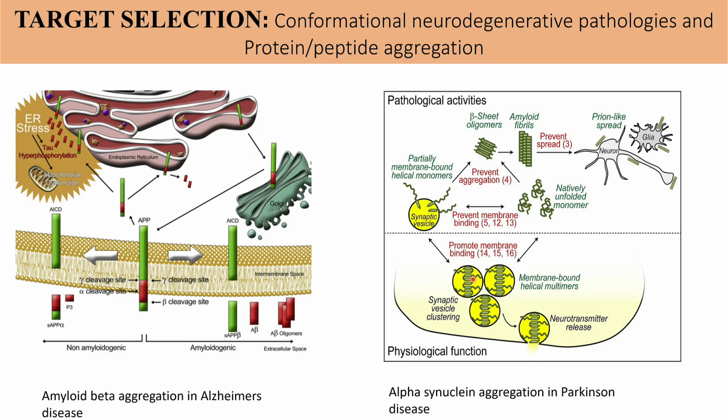So the vesicles have alpha synuclein. Physiologically it is present like this, and it helps in the accumulation of synaptic vesicles and in the release of neurotransmitters into the synaptic cleft.